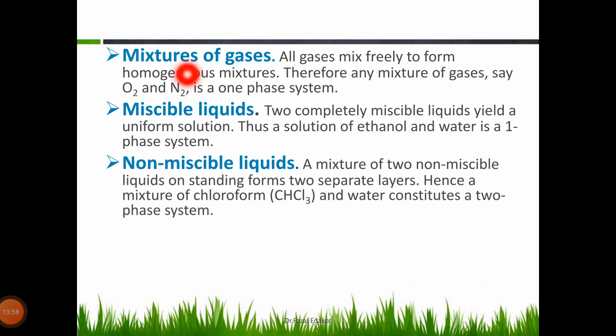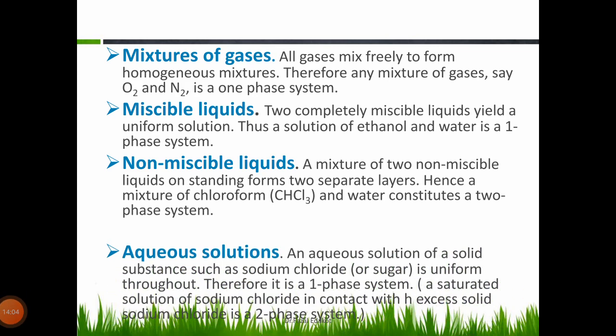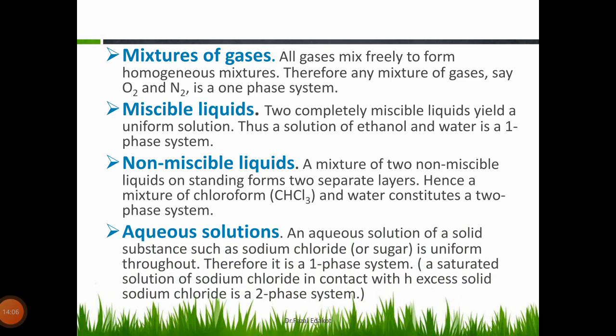Let's take an aqueous solution. An aqueous solution of a solid substance such as sodium chloride, or it could be sugar, is uniform throughout. You can again expect the uniformity. Therefore, it is a one phase system. A saturated solution of sodium chloride in contact with excess solid sodium chloride is a two phase system.